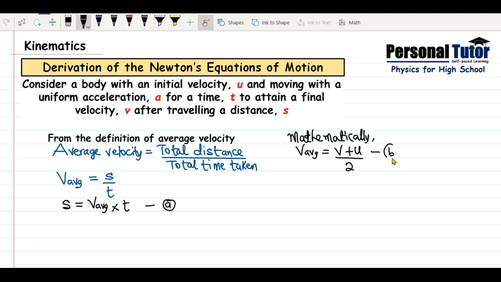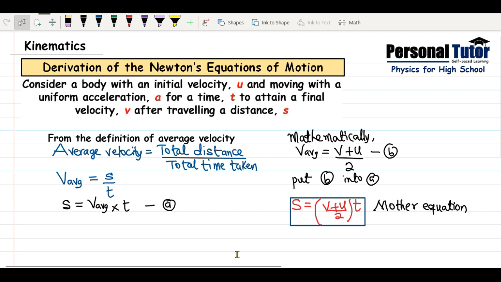Let's call this equation B. Now all we do is substitute equation B into equation A, meaning the place of average velocity in A will be replaced with v plus u over 2. So this will generate an equation like s from equation A equals average velocity, now v plus u over 2, then times t.